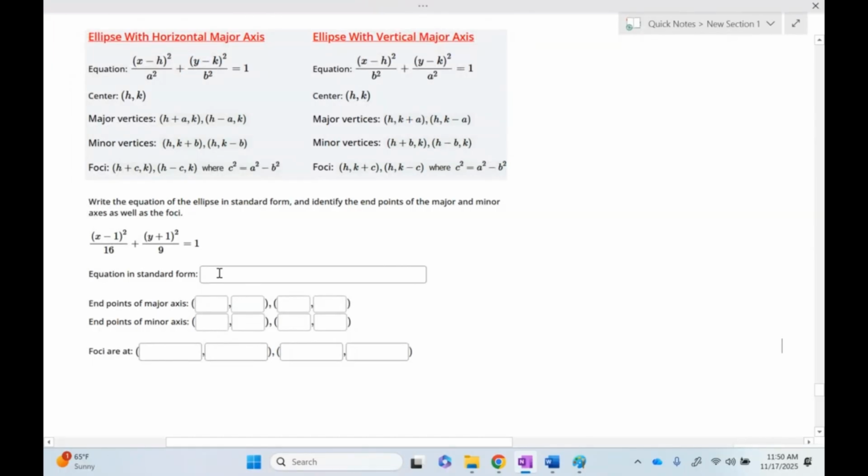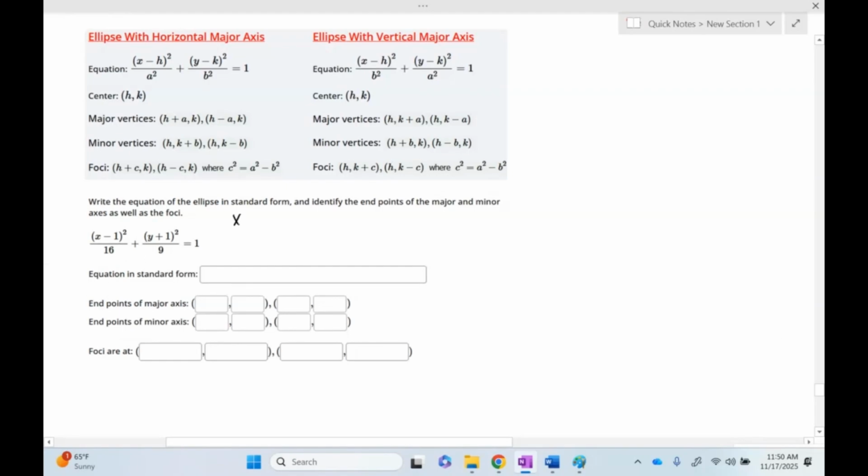Remember, standard form means that your equation has to equal 1. The denominators should be written out as squares. Another thing I'm not mentioning: both of these terms on the left-hand side are positive.